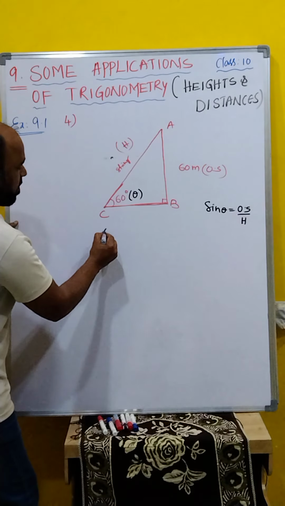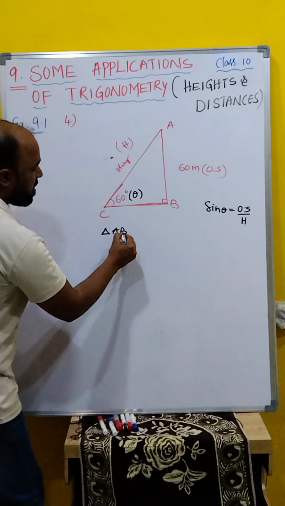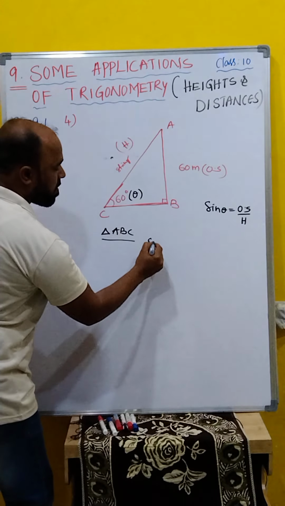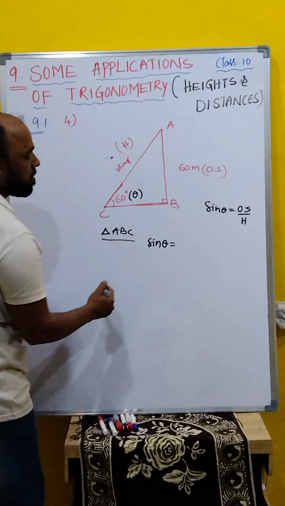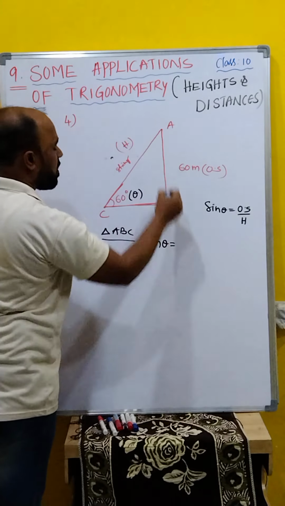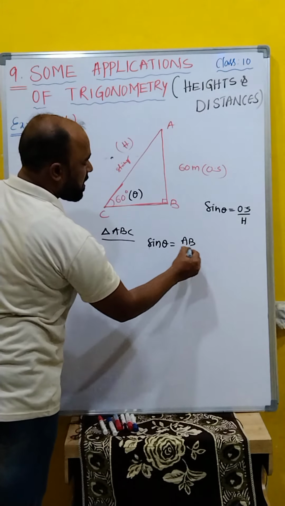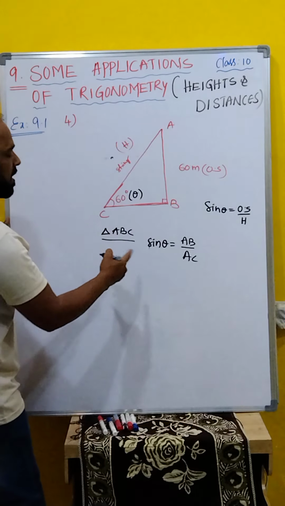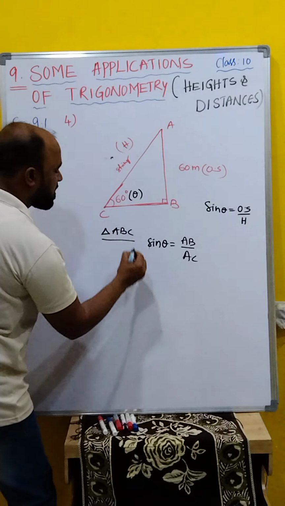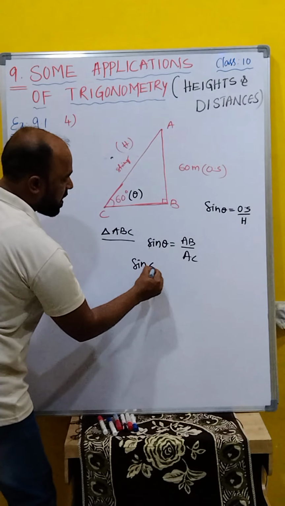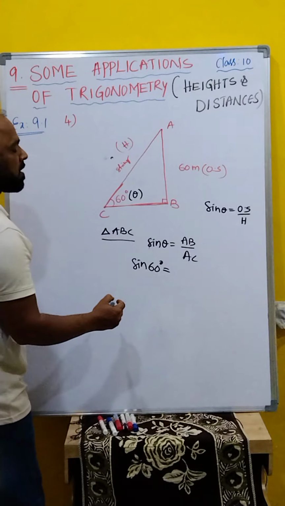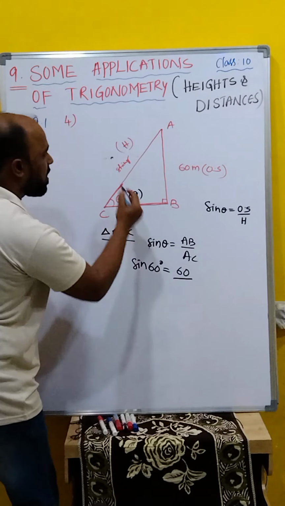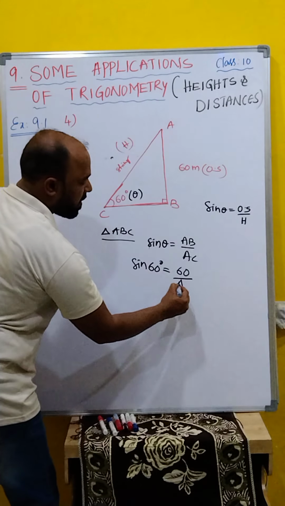From triangle ABC, sine theta is equal to, what is sine theta here? Opposite is AB and hypotenuse is AC. Theta is 60. Sine 60 degrees is equal to AB value 60 and AC value we don't know, AC only.